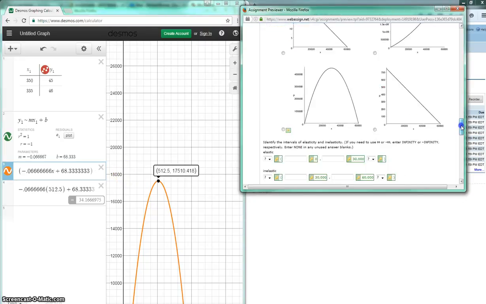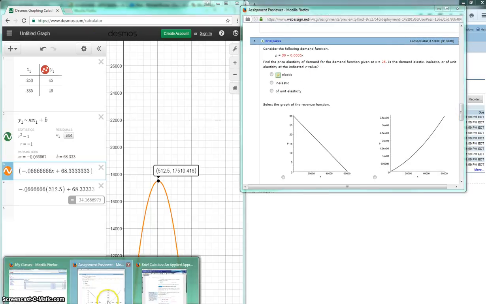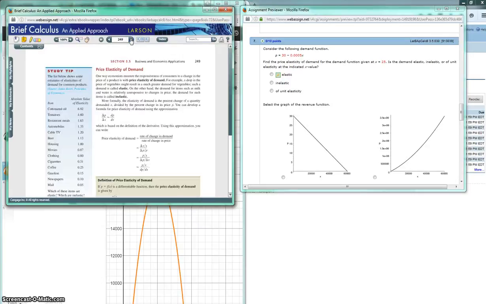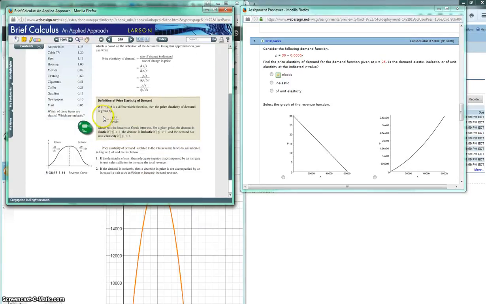And one more, just talking about elasticity. And so in the book, they define elasticity. So when is something elastic? So where the price changes what the demand's going to be. So if we look at something, maybe milk.